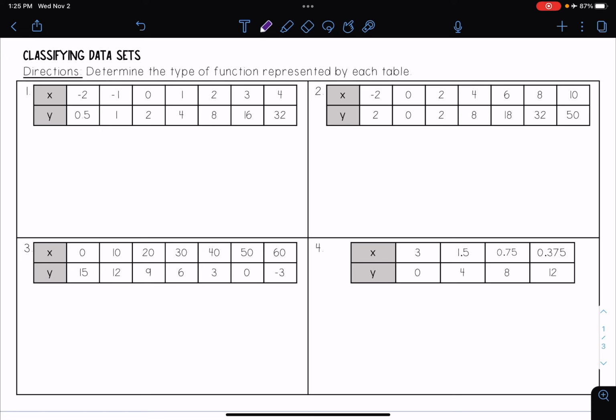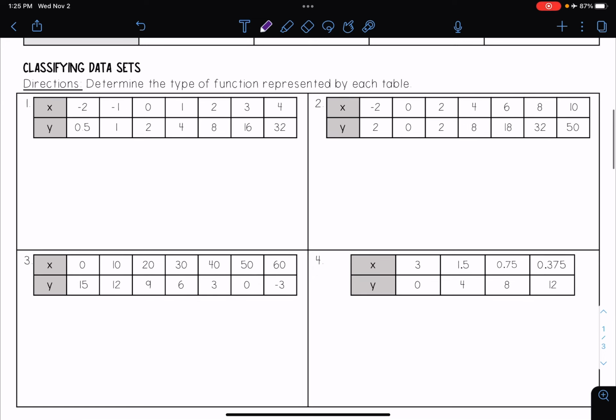So I see for number 1, my x's are going up by 1 each time, so those are evenly spaced. I can even make a note of that. That's saying, okay, my x is evenly spaced. And then looking at my y values, I'm looking for a pattern. So I can first look to see, am I adding or subtracting the same thing each time?